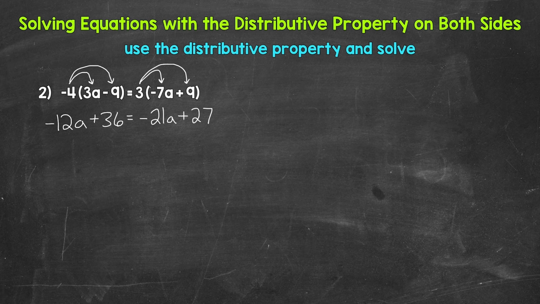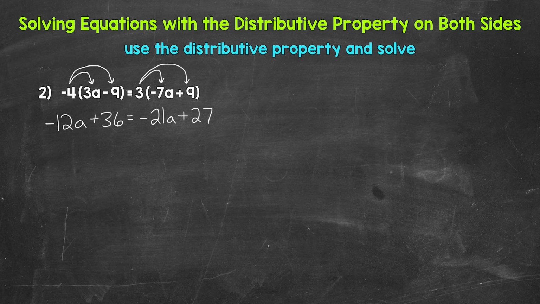So now we can look to combine any like terms on either side if we have any, which we don't, but we do have variables on both sides. So again, we need to get the variable on one side of the equation. Let's get rid of the variable with the coefficient that is smaller in value, that number in front of the variable that is smaller in value. That's going to be -21a.